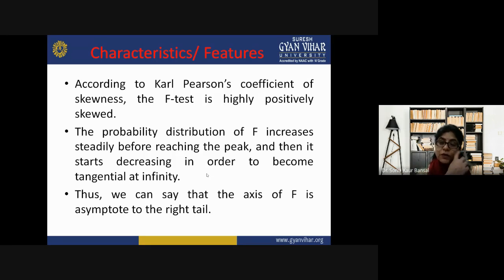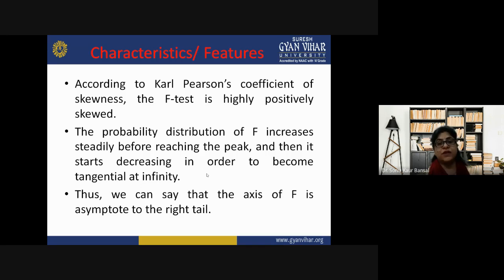When we see the normal probability curve, NPC, the F-test is highly positively skewed. The probability distribution of F increases steadily before reaching the peak, and then it starts decreasing in order to become tangential at infinity. So just remember that according to Karl Pearson's coefficient, F-test is highly skewed.